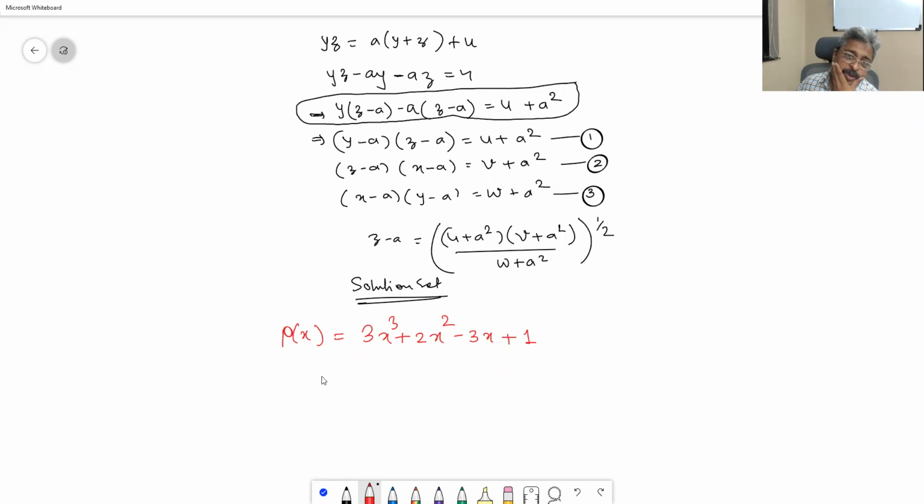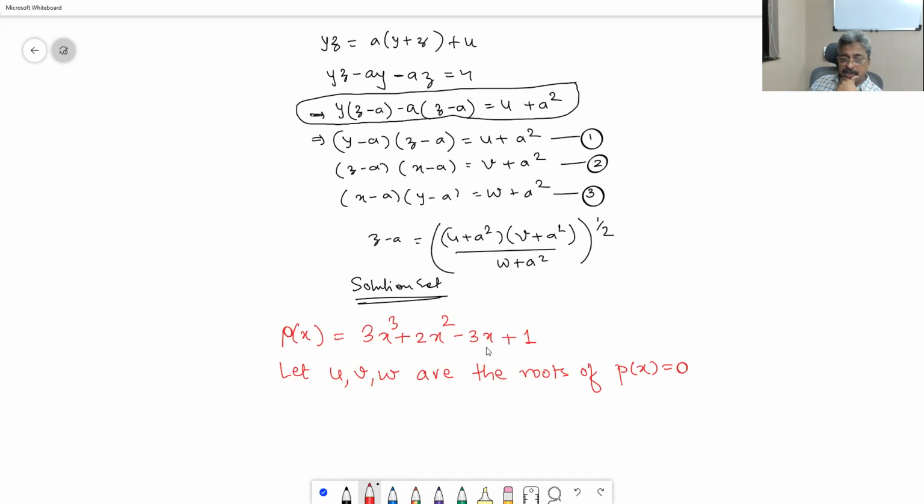Okay. So now what I am trying to tell you is, suppose u, v, w are the roots of p of x is equal to 0. Now you know a lot of information about u plus v plus w.